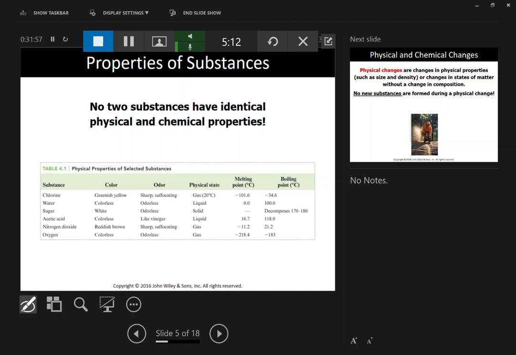For example, density. Density is a physical property. We talked about this before. You can measure the density of any unknown in a chemical lab, and if you end up with 1 gram per milliliter at 4 degrees Celsius, there is a good possibility that your unknown liquid could be water. But is density enough to say your liquid is water?